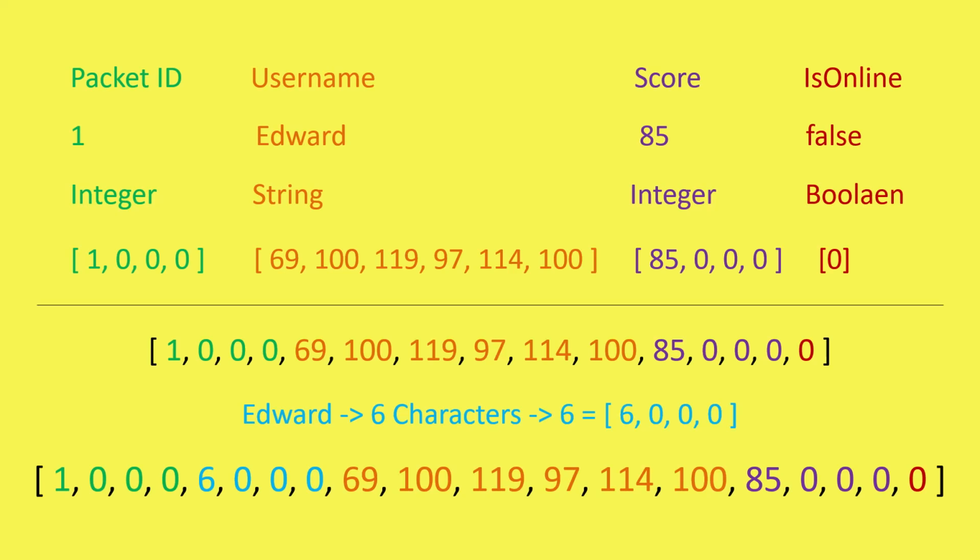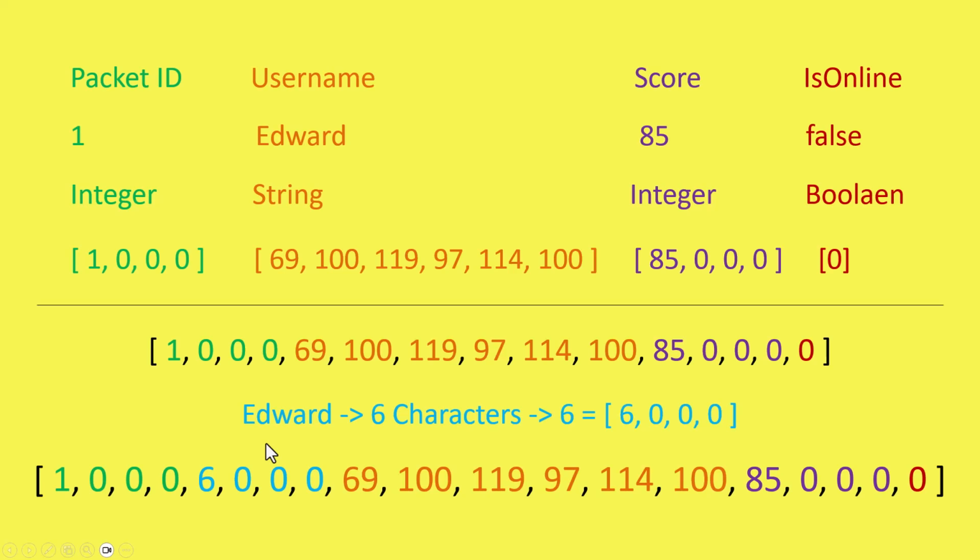Using this, first, we're going to read the packet ID from the first 4 elements of the packet. Then we're going to process that and convert it to an integer. If the integer was 1, then we know that the next value in the array is a string. After that is an integer, and finally a boolean.